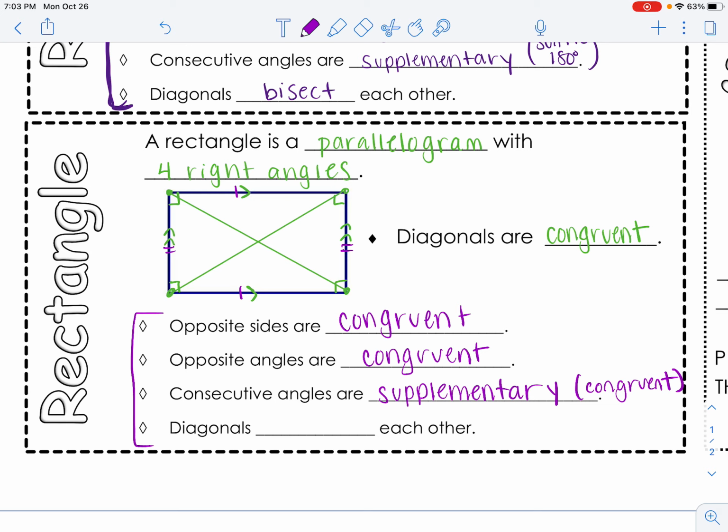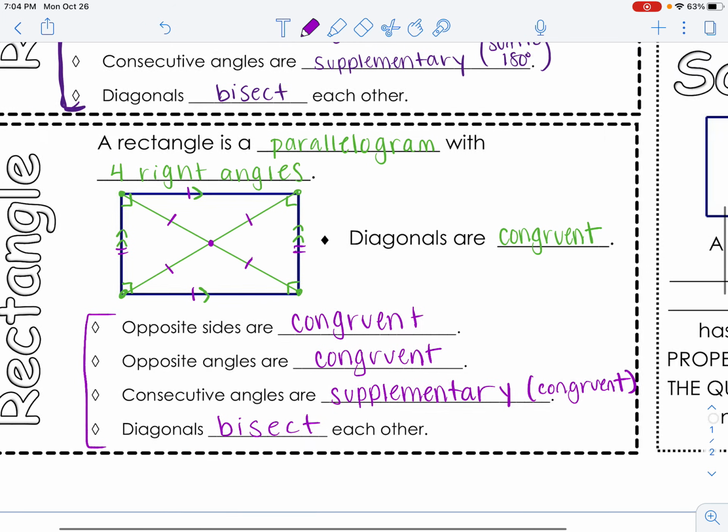And the last property is that the diagonals bisect each other. So that means that this point of intersection cuts the diagonals in half. Now let's think about this. Remember, the diagonals are congruent. So if I cut each one into 2 equal pieces, all 4 pieces should be congruent to each other.